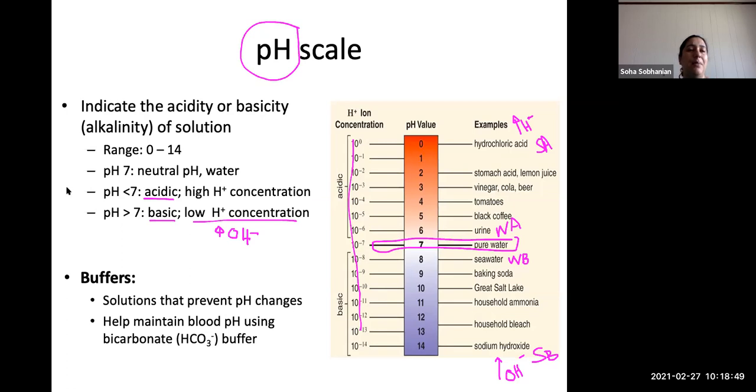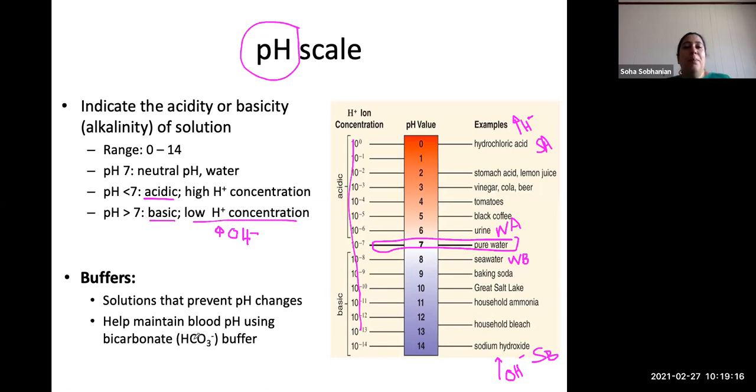How do I make sure that I maintain it within that number? I use my buffer. It's the last bullet point in your notes. So how do I maintain my blood pH at 7.35 to 7.45? I use a buffer called bicarbonate, and bicarbonate is HCO3 minus. You're welcome.